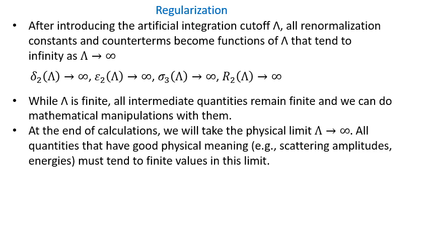At the end of calculations, we should replace the artificial cutoff by infinity, and if our theory makes sense, then all quantities with good physical meaning, such as scattering amplitudes, energies, and etc., must tend to some finite values in this limit. And hopefully these limits will agree with experiment.